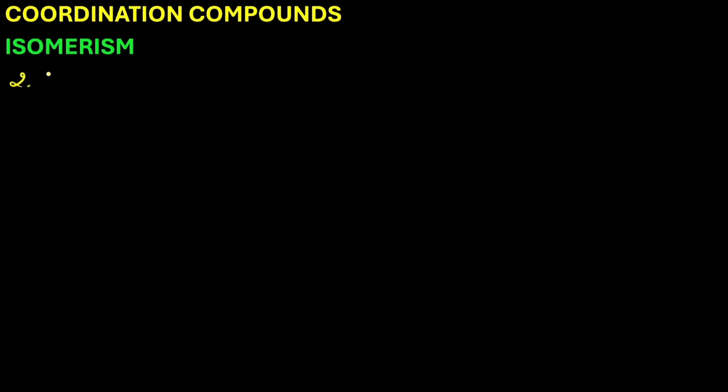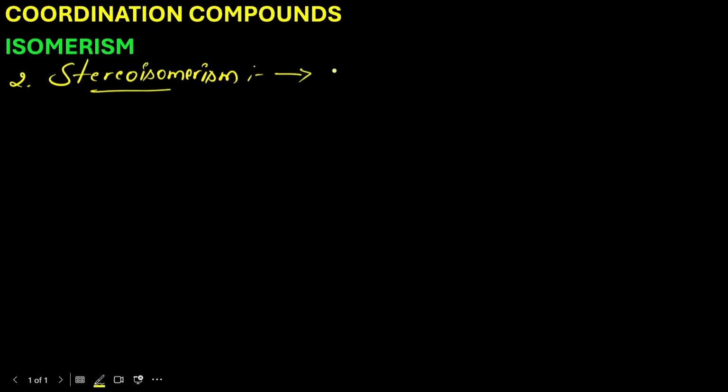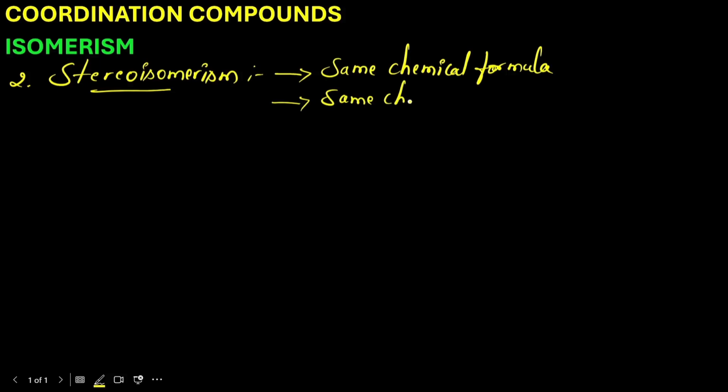Next type of isomerism is stereoisomerism. Stereoisomers have the same chemical formula, the same chemical bonds, but a different spatial arrangement.